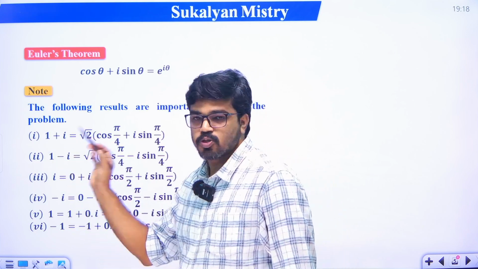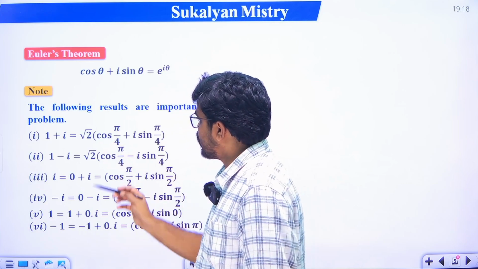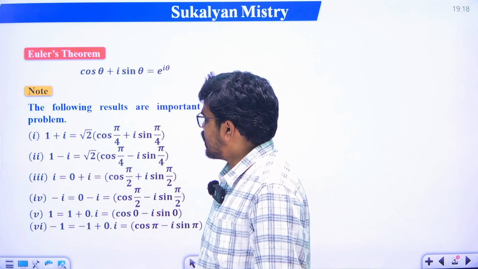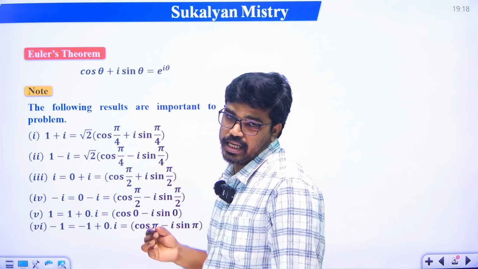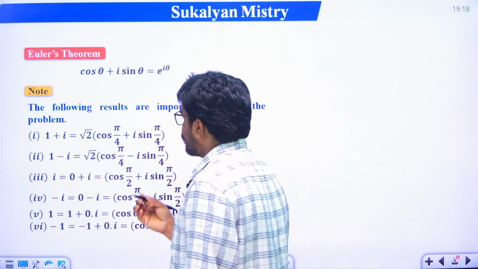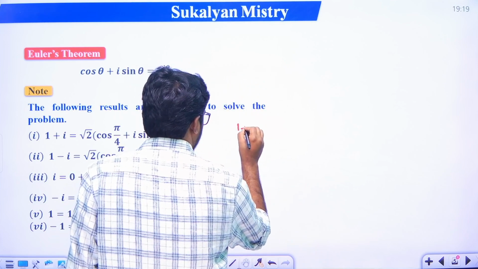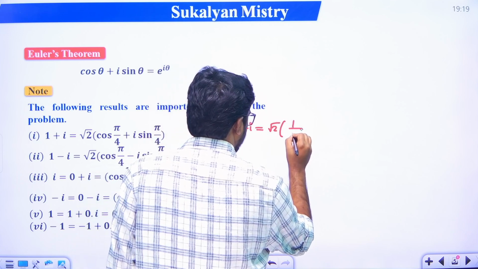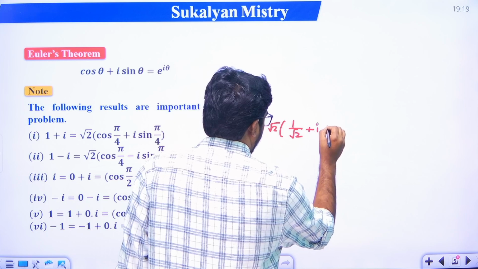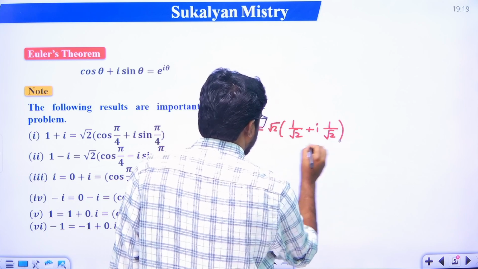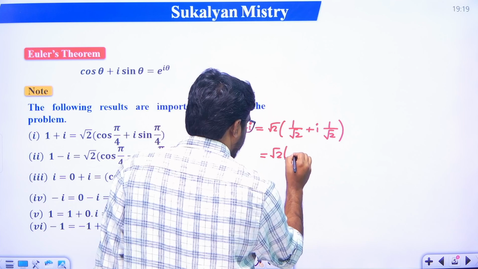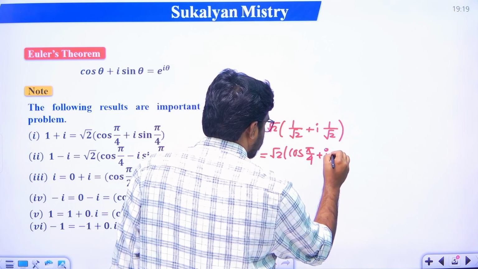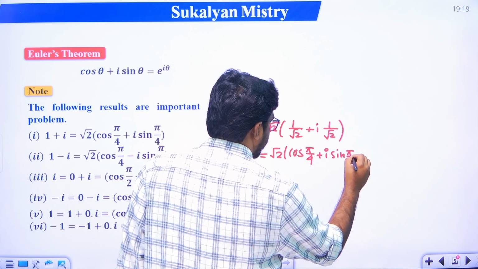So 1 plus I can be written as root 2 into cos pi by 4 plus I sin pi by 4. 1 minus I is root 2 into cos pi by 4 minus I sin pi by 4. If you multiply this, root 2 into 1 by root 2 plus I into 1 by root 2, that is root 2 into cos pi by 4 plus I sin pi by 4.